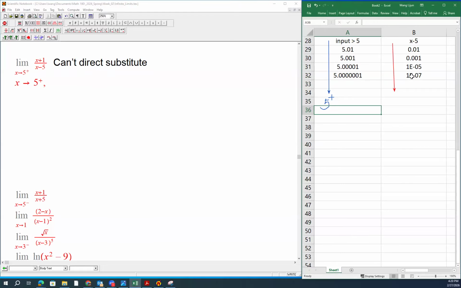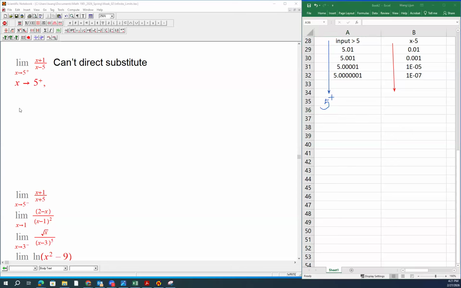You can see as the input gets closer and closer to 5, but larger than 5, so that we say x approaching 5 from larger than 5, then x minus 5 is approaching 0 from larger than 0.